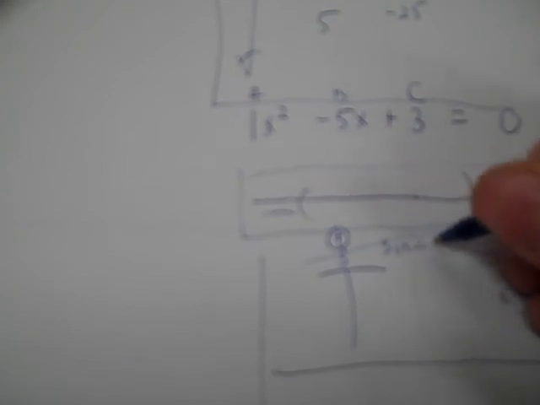Okay, 3 terms. So GCF and T. GCF is just going to be 1. You don't have the x on everything, and whenever 1 is one of the numbers, that's a giveaway that it's 1. Okay, now A, B, and C. A times C, 1 times 3, that's 3. Positive sum of 5.